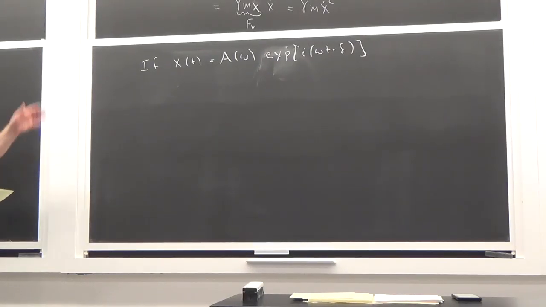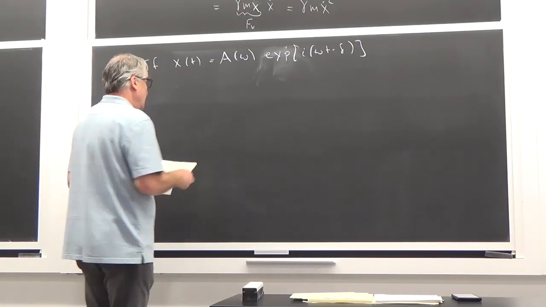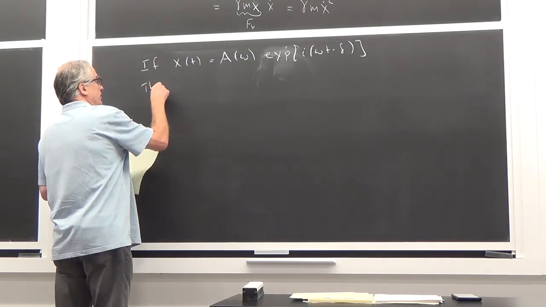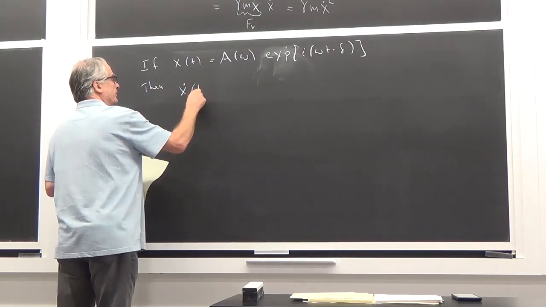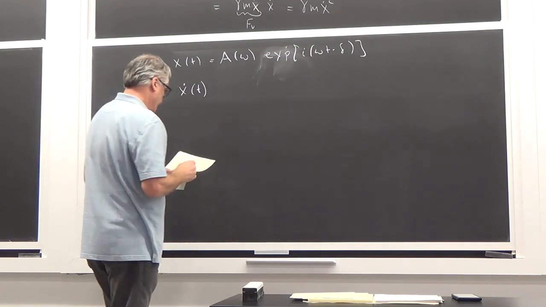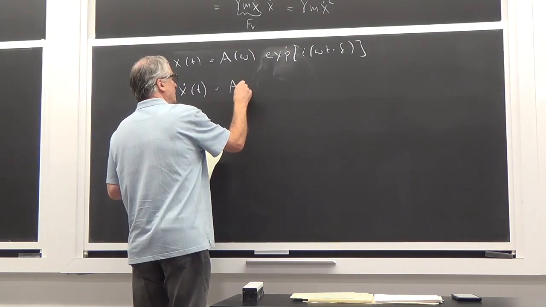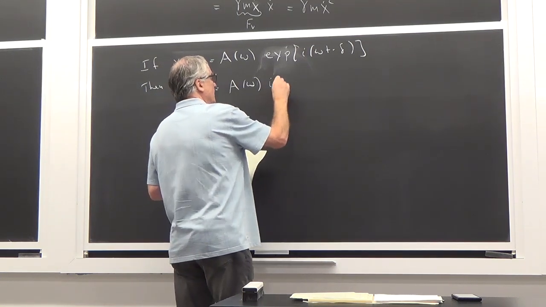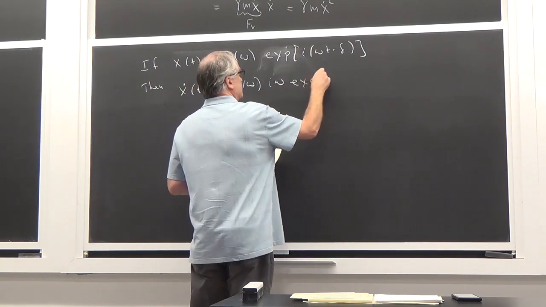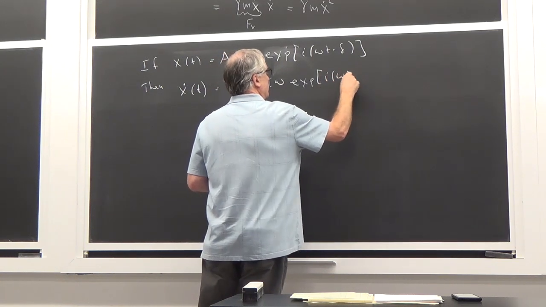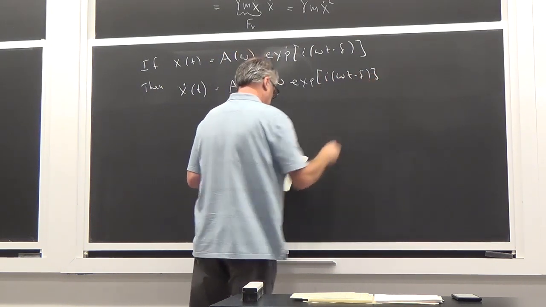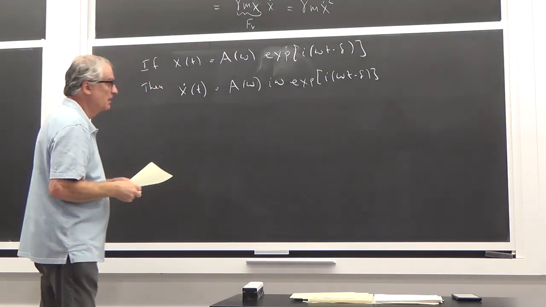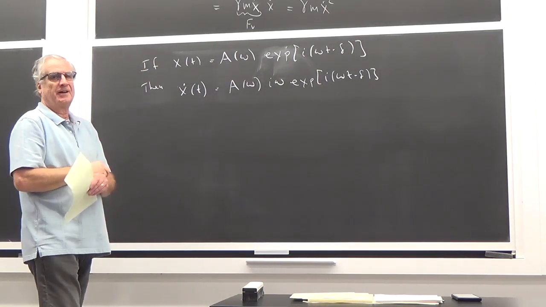Of course, you take the real part and you get cosine omega t minus delta there. But we don't have to do that yet. Let's just take the derivative to get x dot, the velocity. So we pull down an i omega, and then we have exponential e to the i omega t minus delta. I can take the real part now.